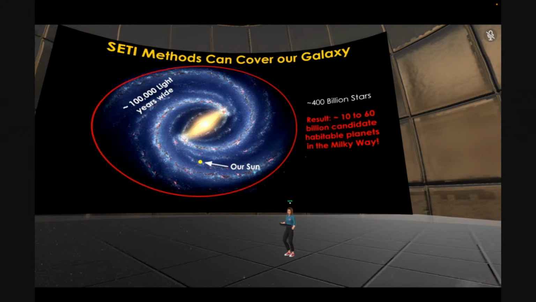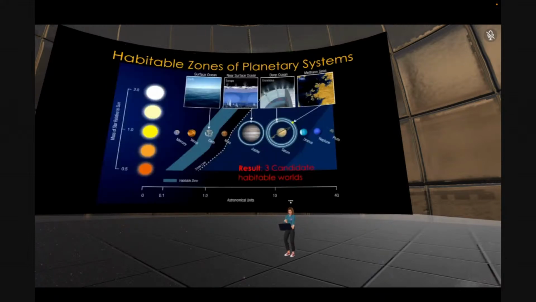This encompasses about 4 billion stars, and SETI methods indicate that about 10 to 60 billion of those planets host habitable planets in the Milky Way galaxy. That's a huge number of planets that could potentially host life.